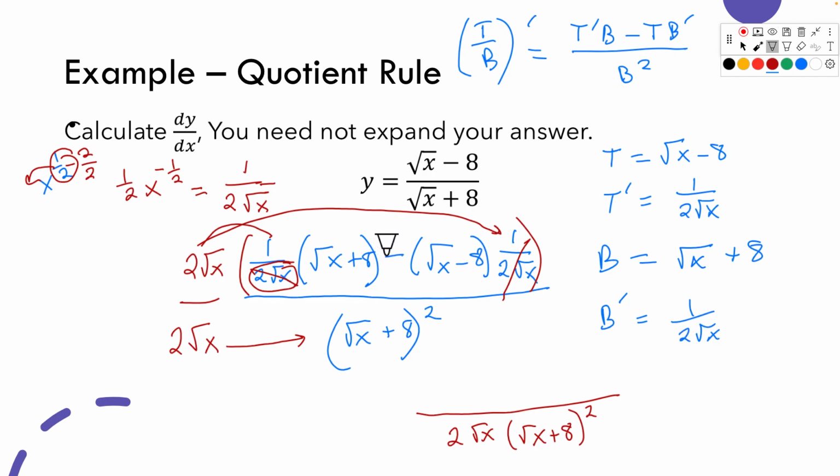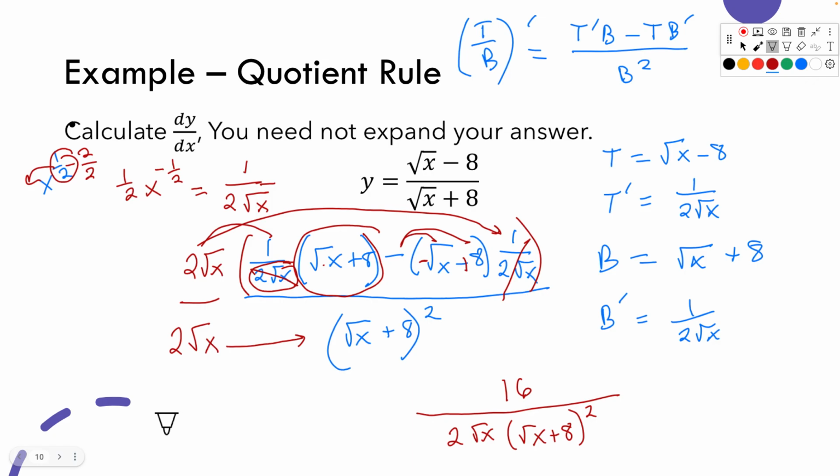In the numerator, we have square root of x plus 8 minus, so this is going to distribute to both of these. This becomes negative, this becomes positive. Square root of x minus square root of x, 0. So I canceled out. 8 plus 8, 16.